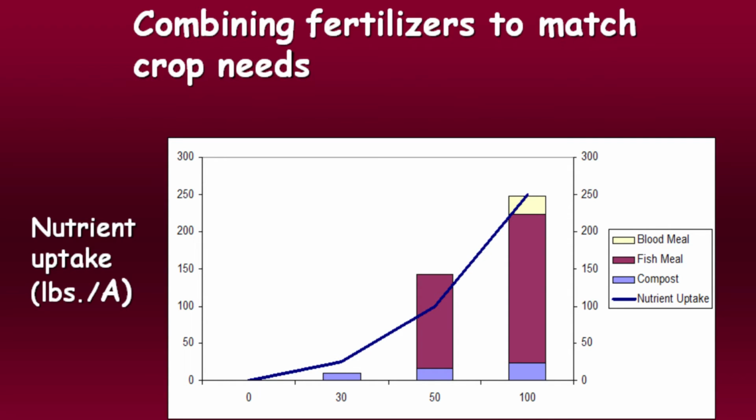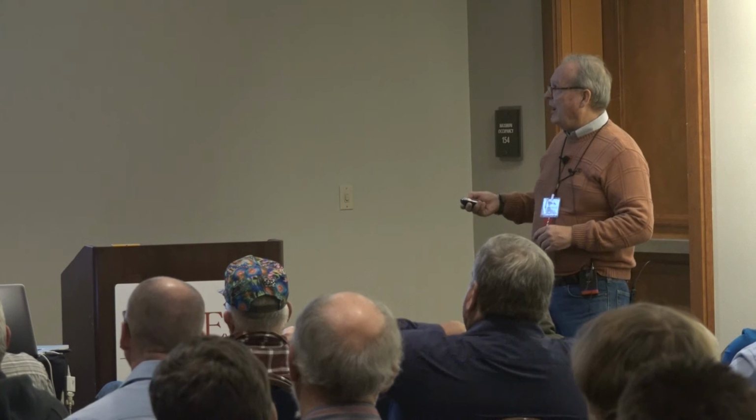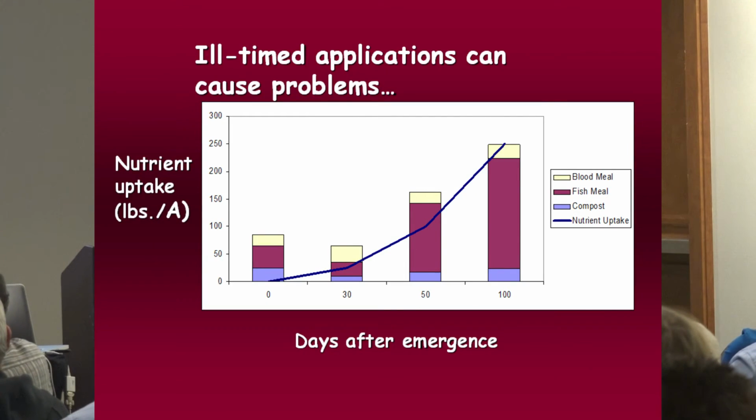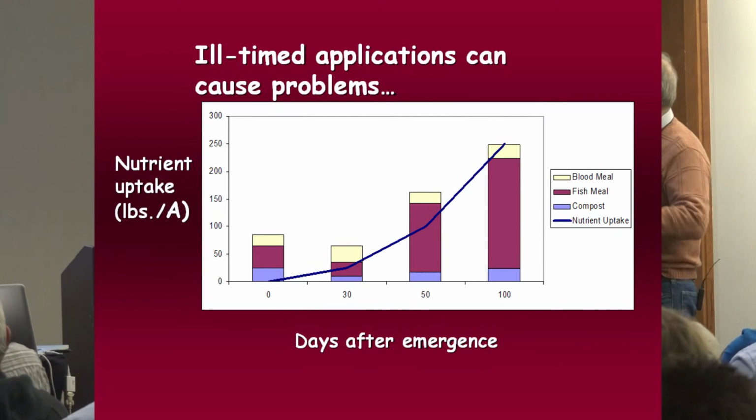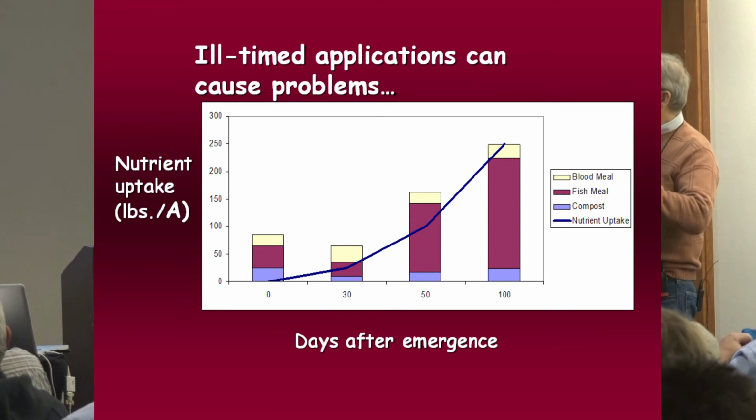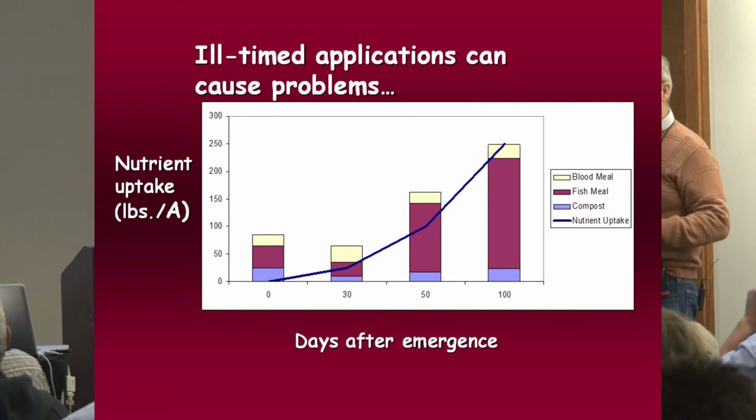So you've got nutrient in the soil greater than what the corn needs. That's inefficiency at the worst. But then you recover from that, and by day 100 you make up more using blood meal, and then you overshoot just a little bit, but you're a lot better off.